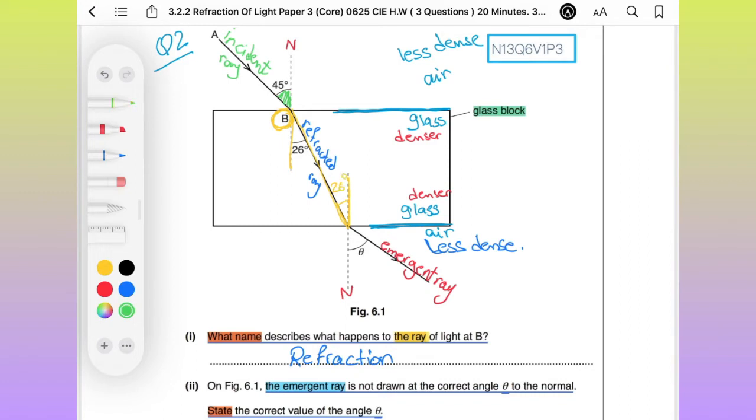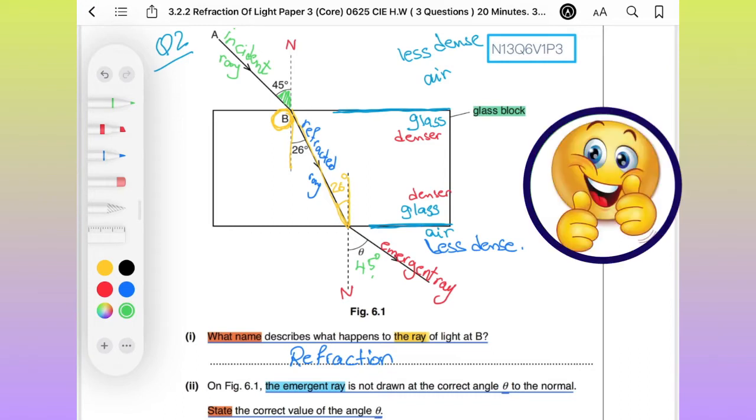What about angle theta here? It should be 45. Why? Because angle of incidence at the first boundary should be equal to the angle theta when the light emerges from glass to air at the second boundary, and the incident ray should be parallel to the emergent ray.